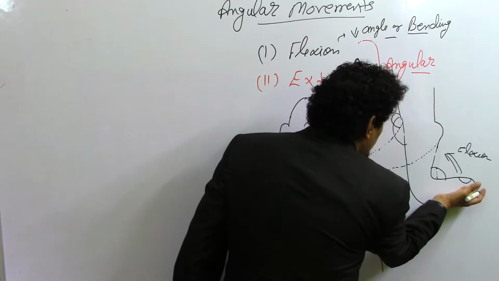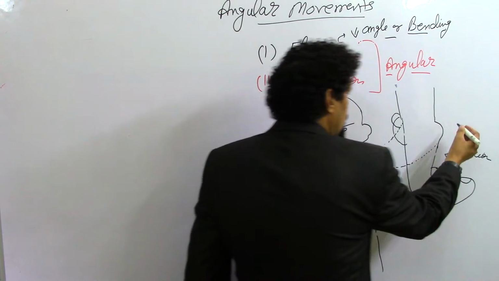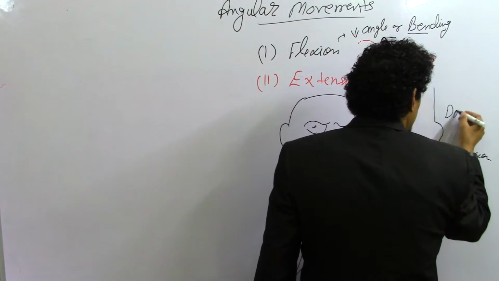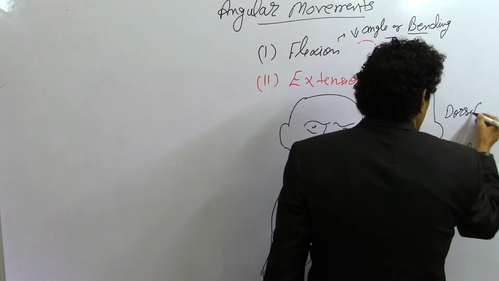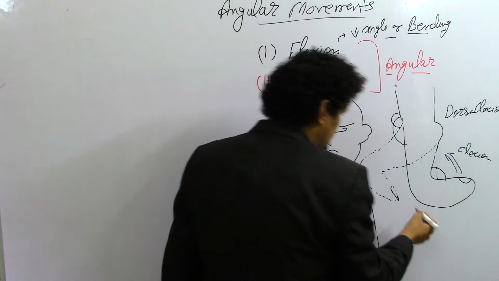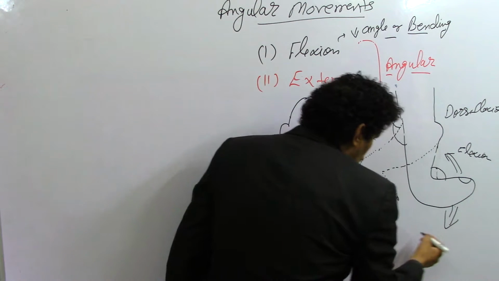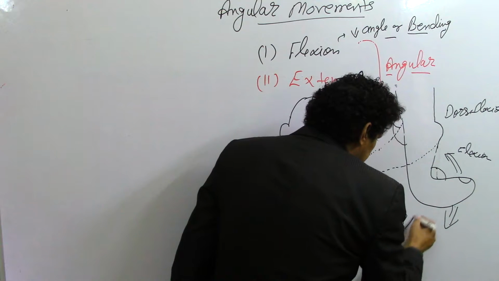The upward movement of the toes with the foot is known as dorsiflexion, and the downward movement of the foot is known as plantar flexion.